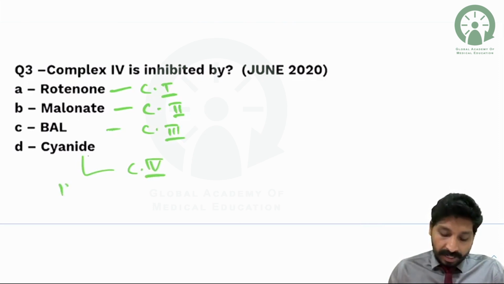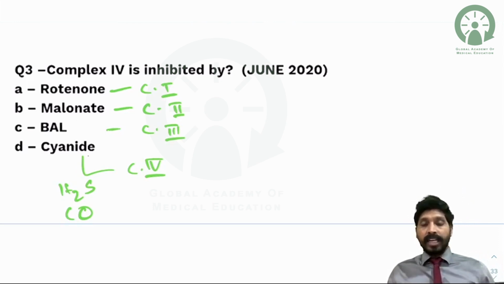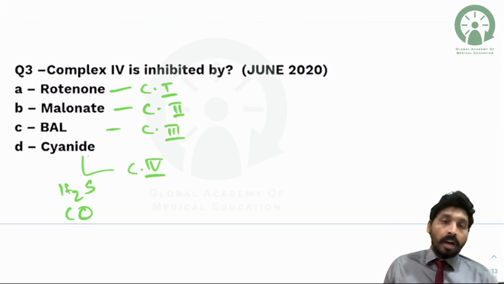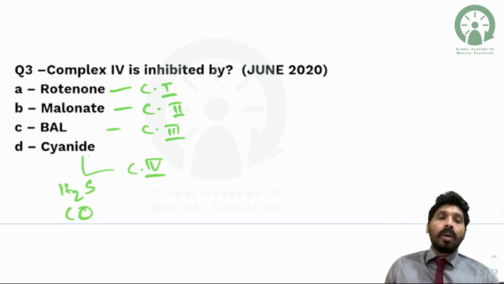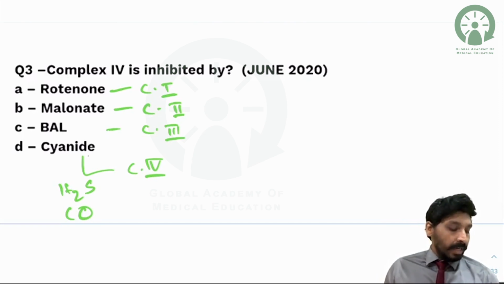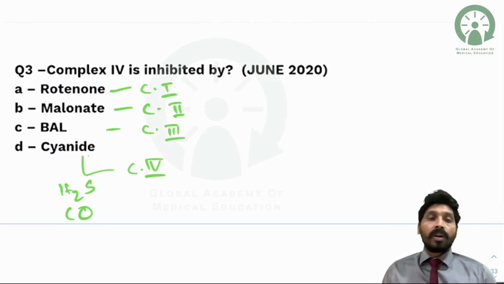Along with cyanide, hydrogen sulfide and carbon monoxide are also there. So cyanide they have given as an option, obviously. Rotenone and piericidin are the complex 1 inhibitors. Malonate is an inhibitor of succinate dehydrogenase, complex 2. British anti-Lewisite and antimycin are the inhibitors of complex 3, right?